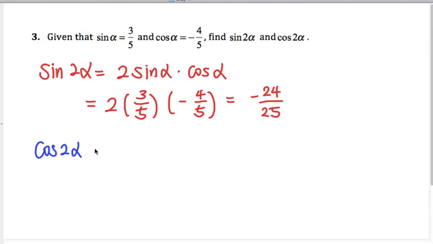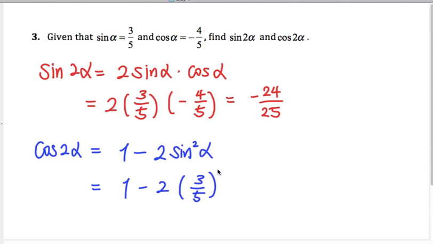Now this one you can pick any of the three identities that you have. I'm going to do 1 minus 2 sine squared alpha, just because I can. And I know sine of alpha is 3 over 5, so sine squared alpha is 3 over 5 squared, which is 1 minus 2 times 9 over 25.